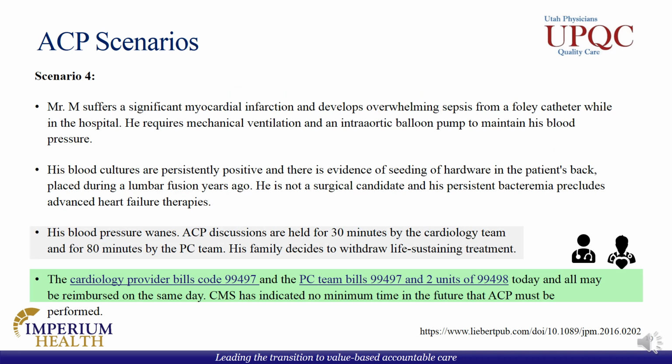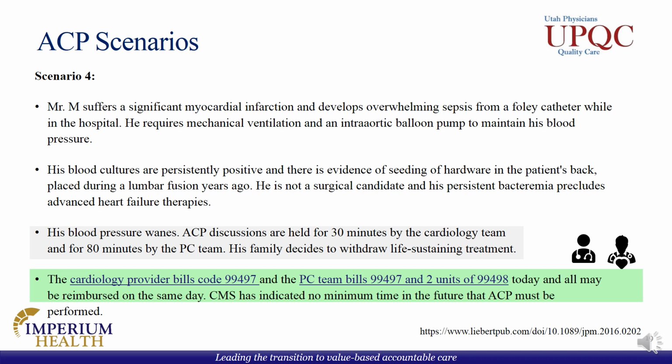And for our fourth scenario, this is one where Mr. M is starting to really kind of go downhill, and he's developing sepsis from this Foley catheter, and he's requiring mechanical ventilation. So at this point now there's multiple care team members involved, and there ends up being a 30-minute discussion between the cardiologist and the patient's family related to end-of-life care, and an 80-minute discussion between the primary care team and the patient.